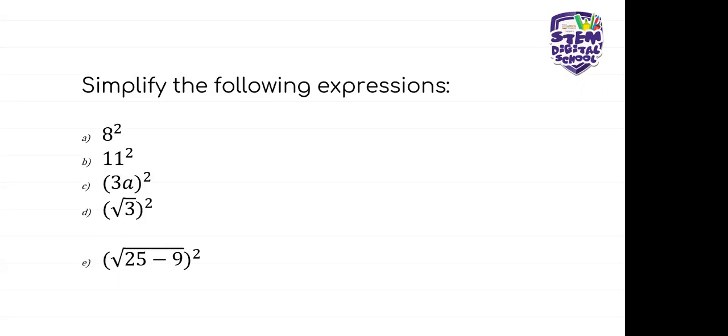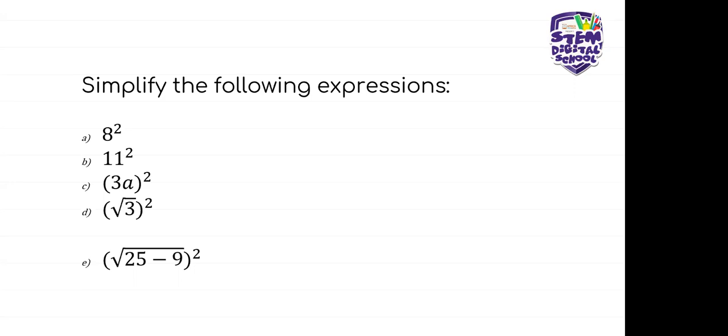Remember that the first thing to do when you are faced with a problem of this nature is to work out whatever is inside the square root. If you are subtracting there, then you need to subtract. If it's addition, then you need to add. In our case, we have 25 minus 9.